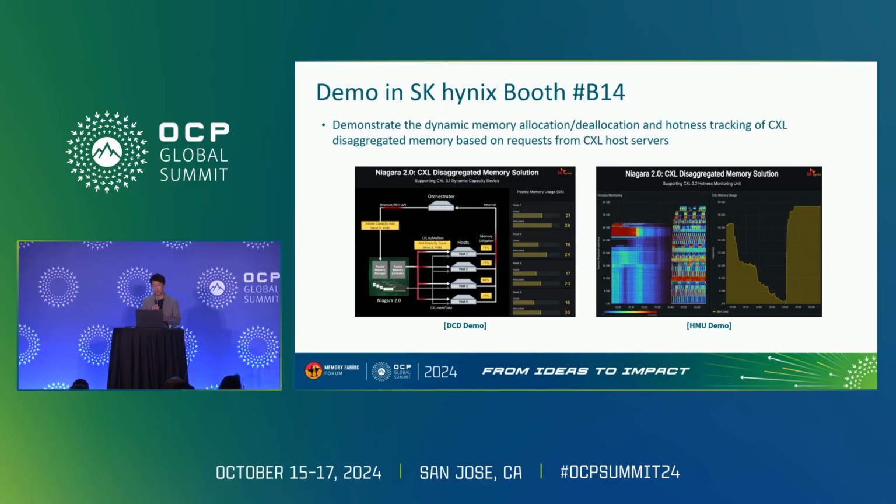So you can see that the allocated CXL memory capacity increases with the memory usage on the right side graph. And our HMU demo illustrates the heat map changes based on the HMU information for each benchmark, so that we can identify some migration page candidates from CXL to the local memory.